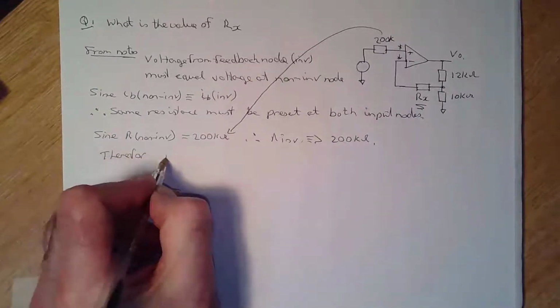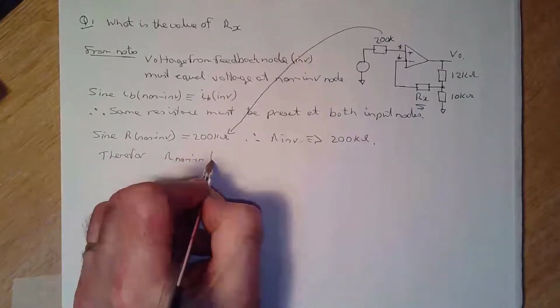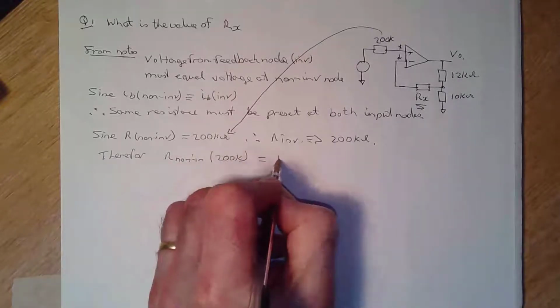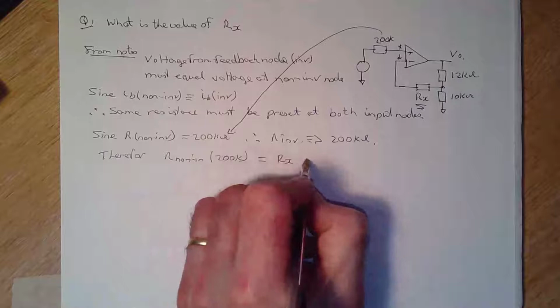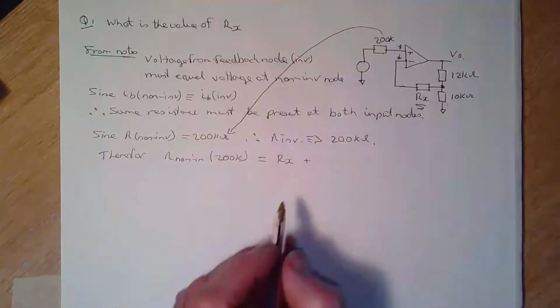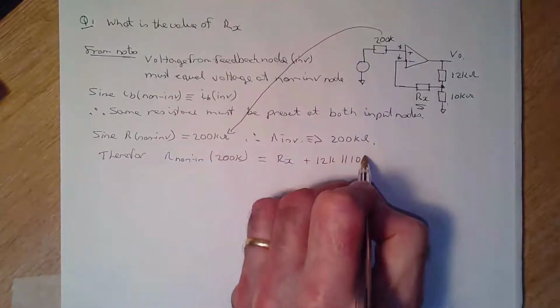Therefore R non-inverting, which equals 200 k ohms, must equal Rx plus, using the superposition theorem, the parallel combination of 12k in parallel with 10k.